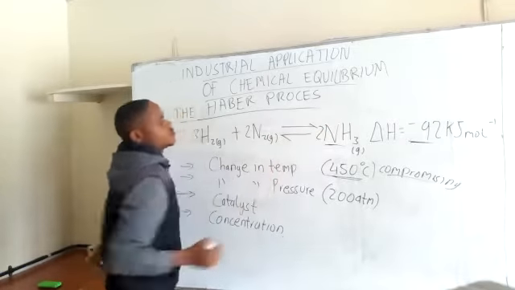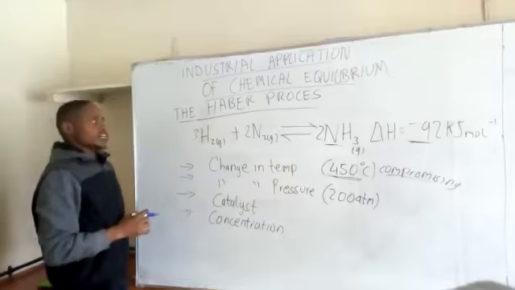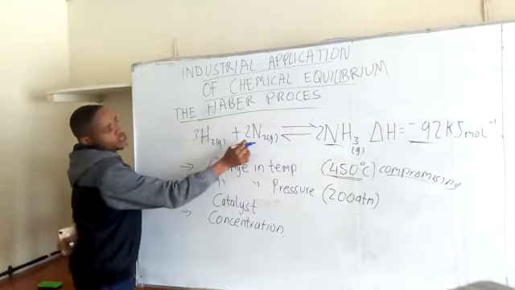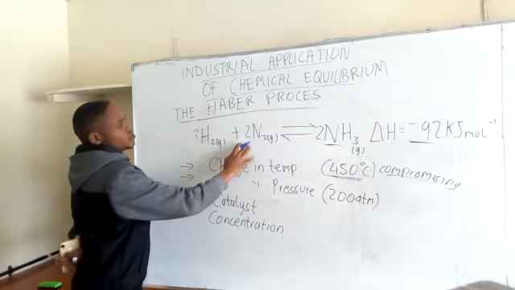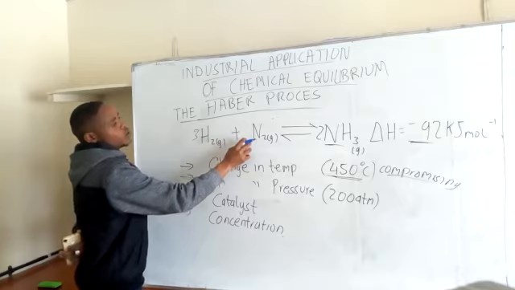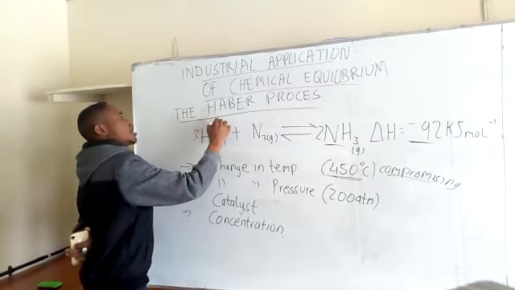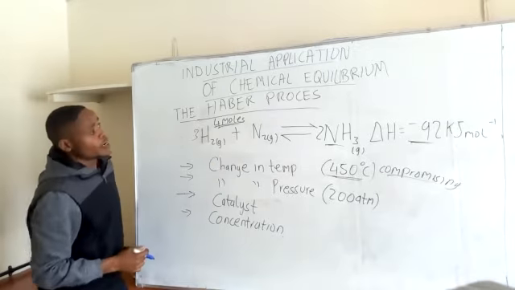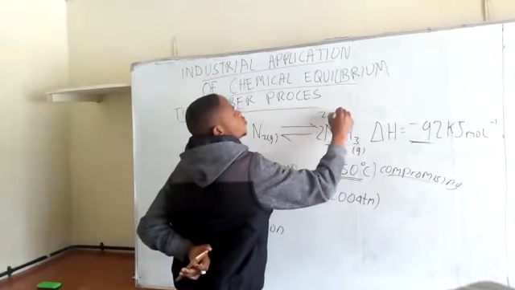Here it should be 1. So we have 3 moles of hydrogen and 1 mole of nitrogen. In short, on the reactant side we have 4 moles, but on the product side we have 2 moles.